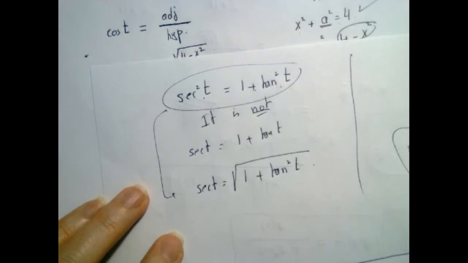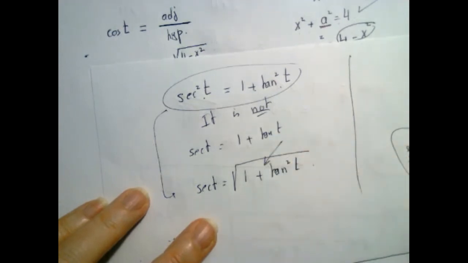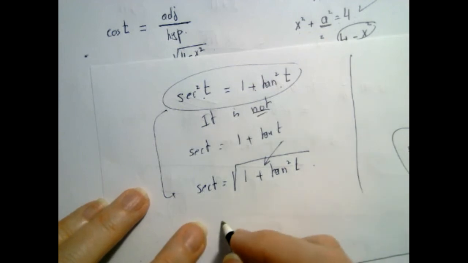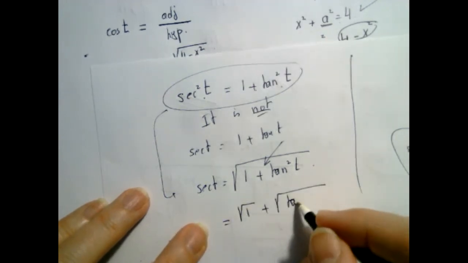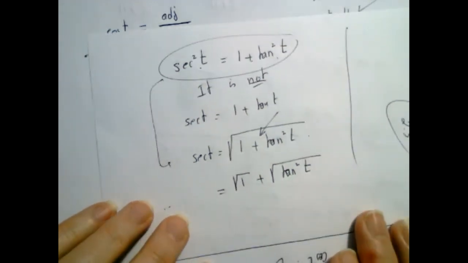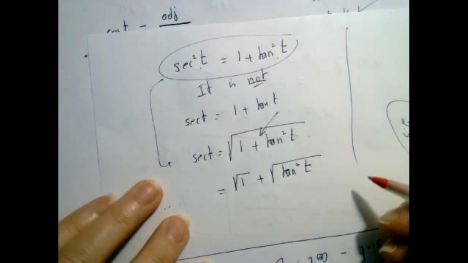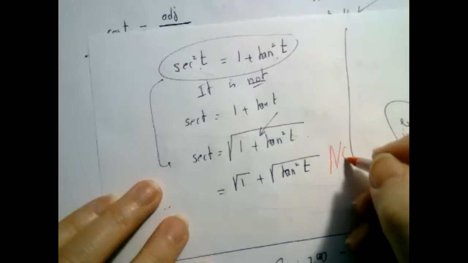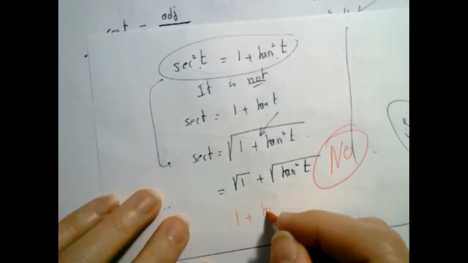Kishan, are you with me? Yeah. Okay, now can I break the square root if I have a sum? We've talked about that last time. Is this equal to that? Yes or no? No. So this is not 1 plus tangent.